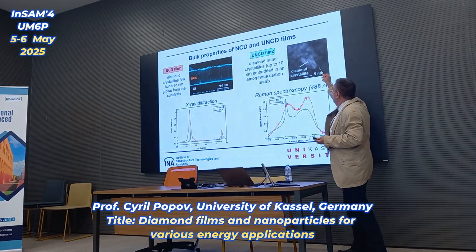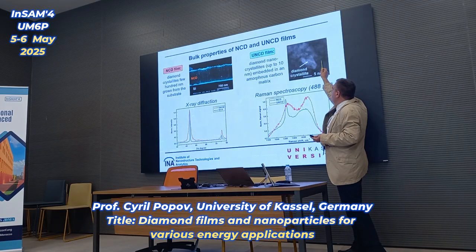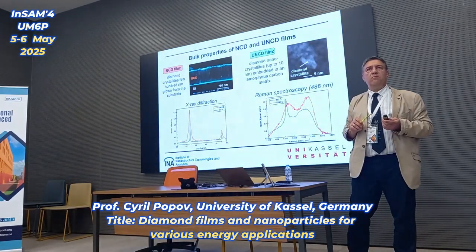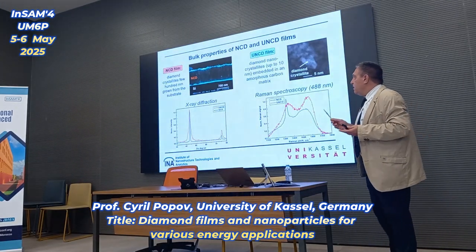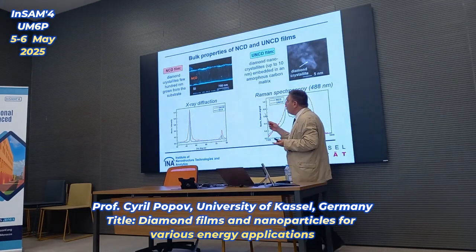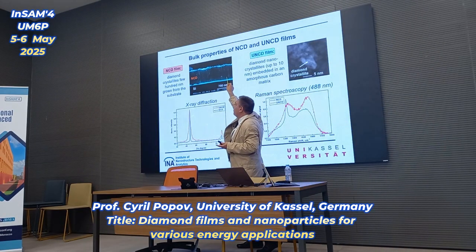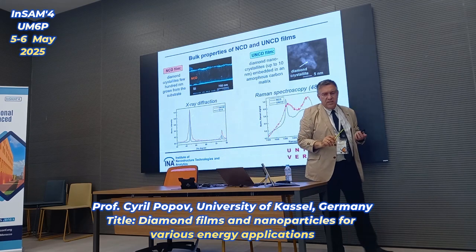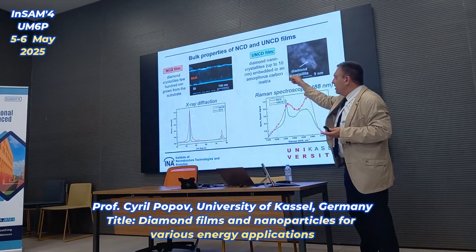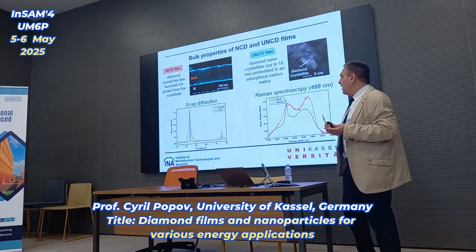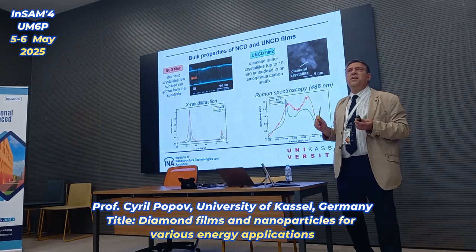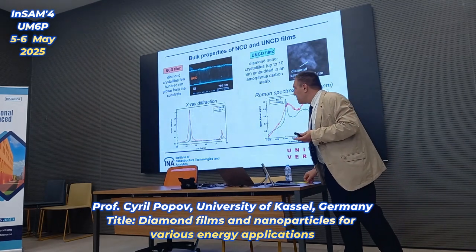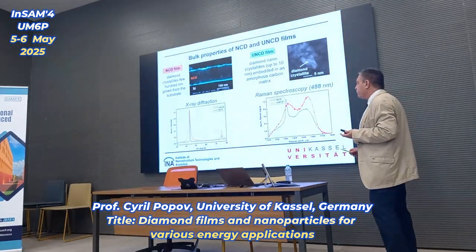And as a result, we have diamond nanocrystallites up to 10 nanometers, and they are embedded in amorphous carbon matrix. We have also very small amorphous carbon on the grain boundaries between the individual diamond grains, but because the fraction of crystalline phase is so large, for many things it can be neglected. However, by the ultra-nanocrystalline diamond films, this amorphous phase plays also an important role.